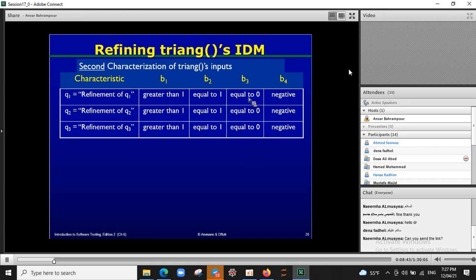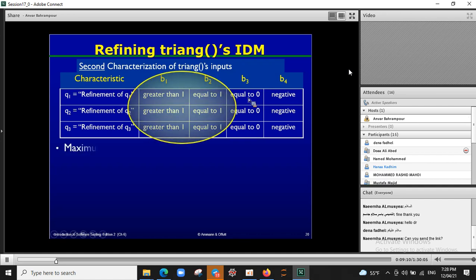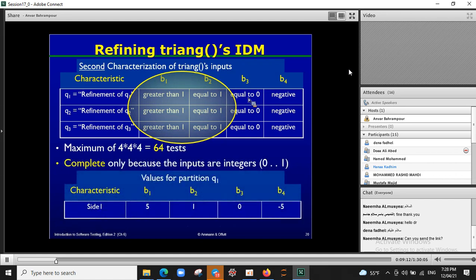It's obvious that the negative value or 0 value for a side of a triangle are invalid values. It's obvious, but when we want to test functionality of a program, we should test it with invalid values, invalid inputs, as well as we should test by the valid values from its input domain.